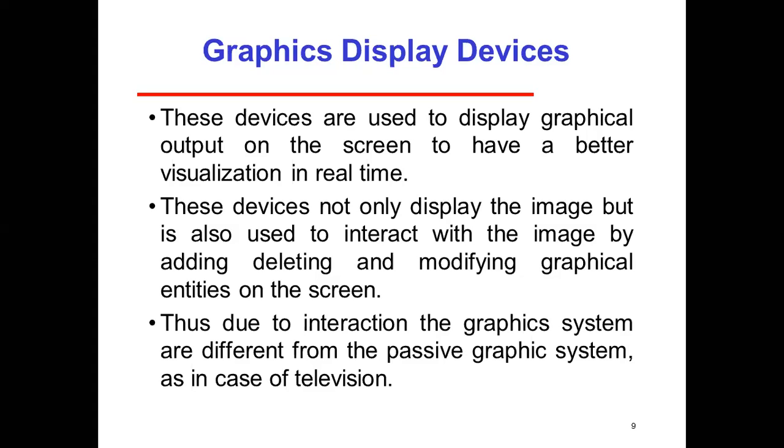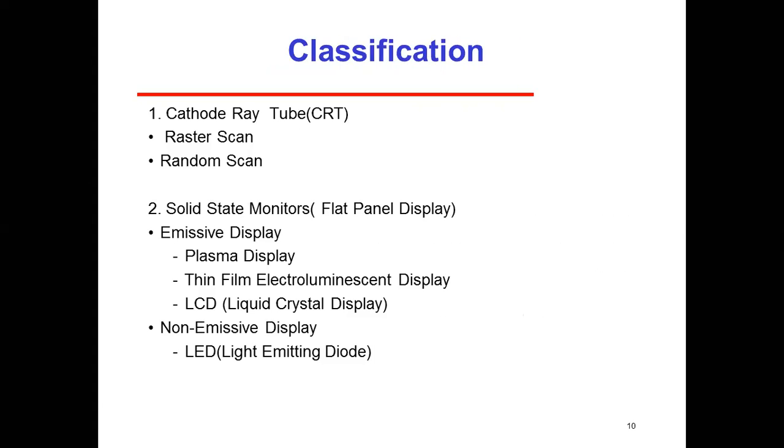If we are using any particular software, then with the help of the images or icons provided on the top or on the right side of the graphical bar, just by clicking we can take the help of those. So there is no need to remember any type of commands. Just by clicking you can do anything. Thus, due to interaction, graphic systems are different from passive graphic systems, as in the case of television.